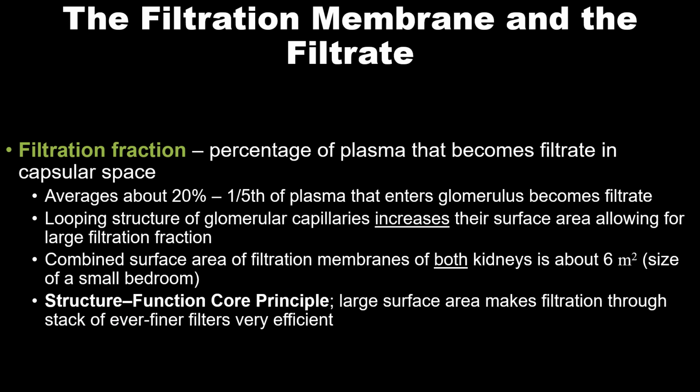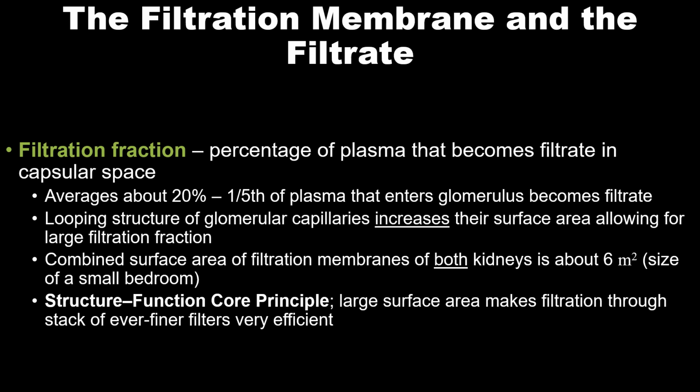Now, there is a percentage of plasma that passes through the filtration membrane and enters that capsular space, and this is called the filtration fraction, and it averages about 20%. So what does that mean? It means that 1/5 of the plasma that flows through the glomerulus is going to exit the blood and enter the capsular space. And this is so large because of how intensely looping the glomerulus capillaries are.